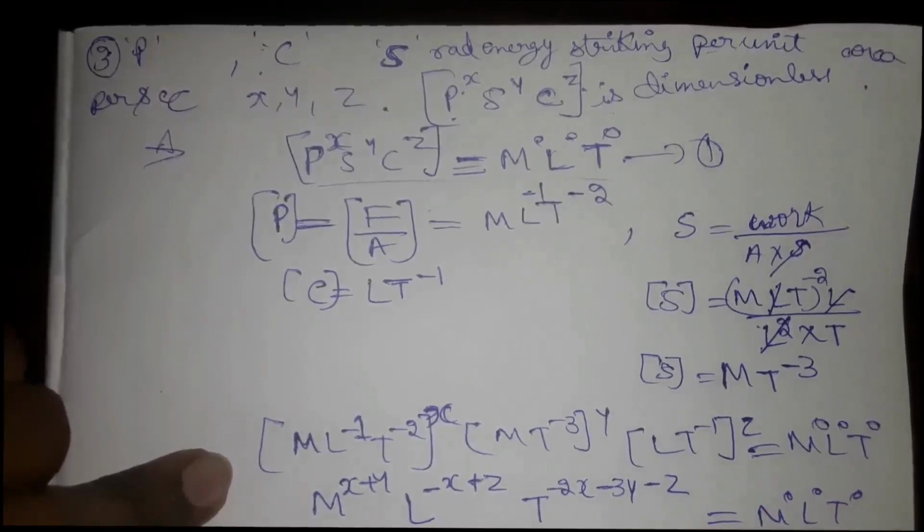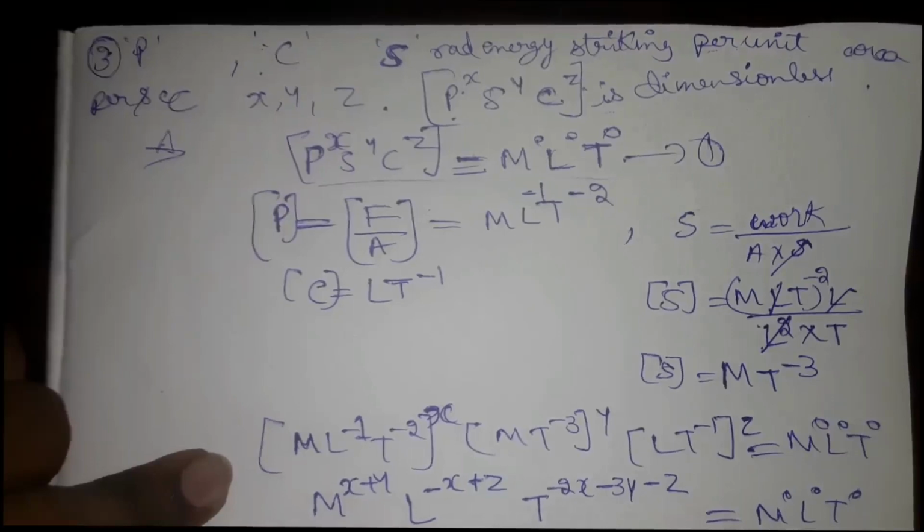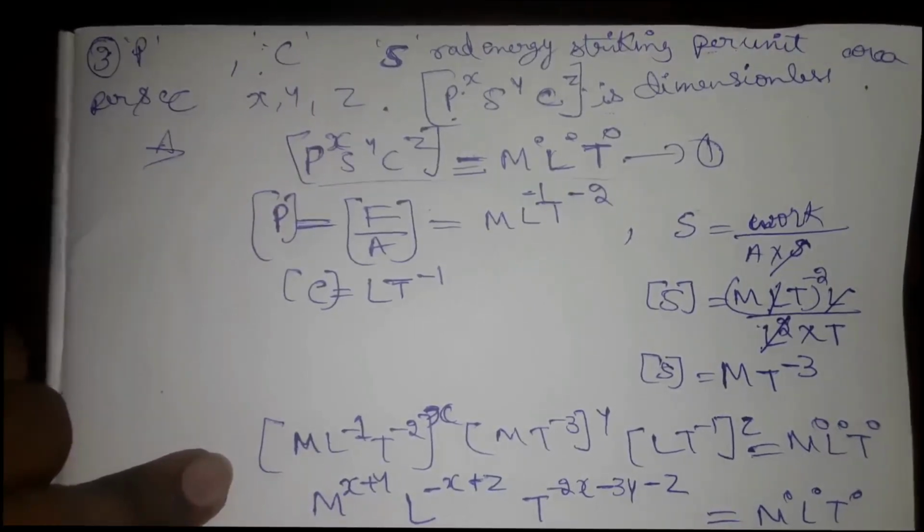Let's solve it. 0 is equal to x plus y, 0 is equal to minus x plus z, and 0 is equal to minus 2x minus 3y minus z. So let's solve these equations.